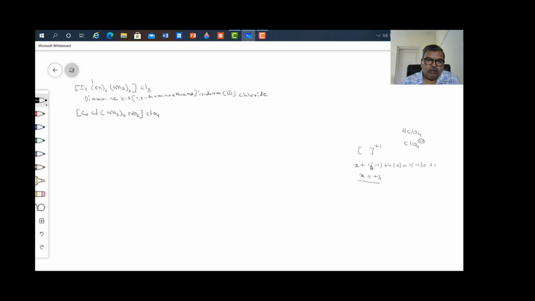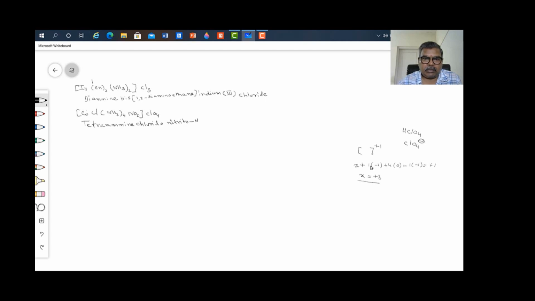Right? Now, see, first the name of the cation: chlorine C, amine A, nitro N. So therefore, first ammine comes, tetraammine, next chlorido, next nitrito-N, because it is an ambidentate ligand, you have to show which atom acts as donor.